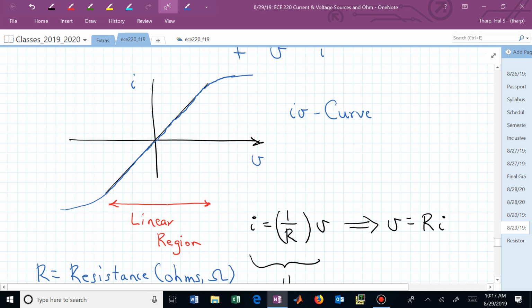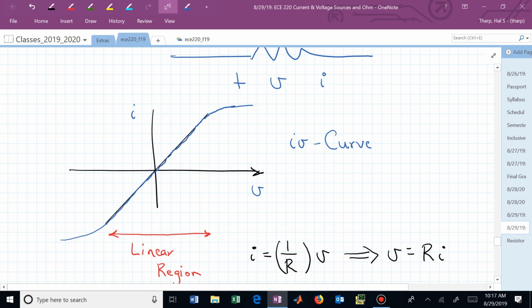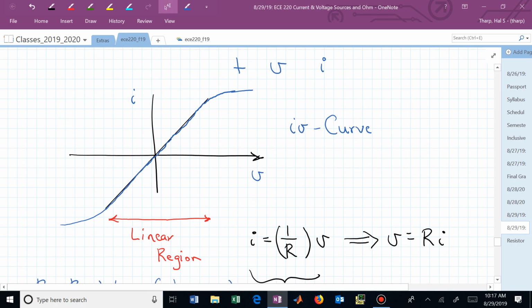Question: at what point would we explore other calculations for the curved regions in this IV curve? In this class, probably not. Where you could is if you exceeded the power rating on your resistor.